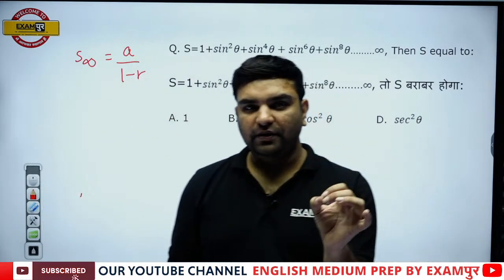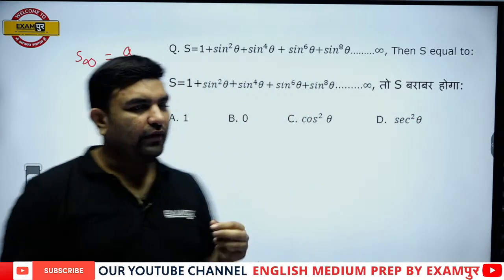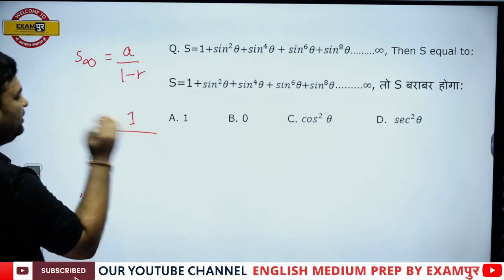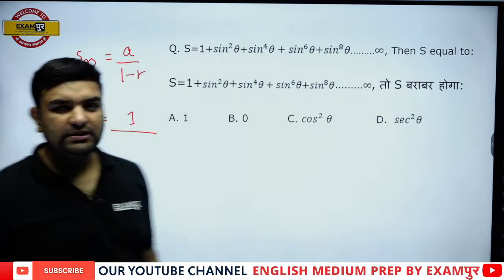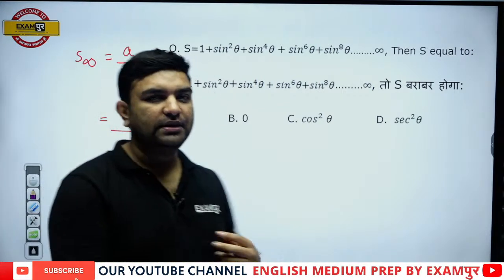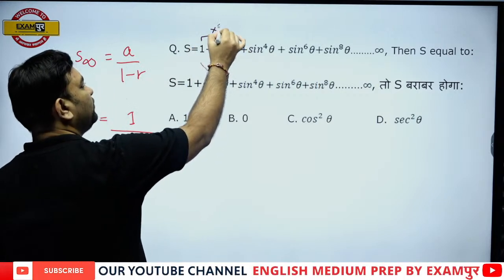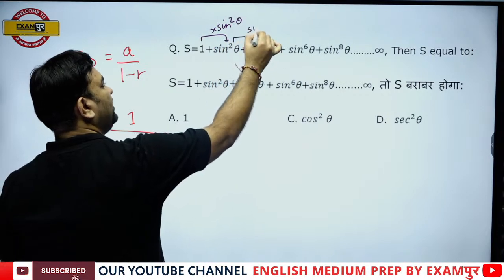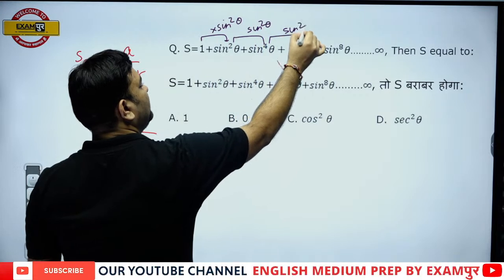The first term is known to us as 1. What is the common ratio? The common ratio is the ratio with which the value is increasing. It is increasing by the multiplication of sine square theta. So the common ratio is sine square theta.